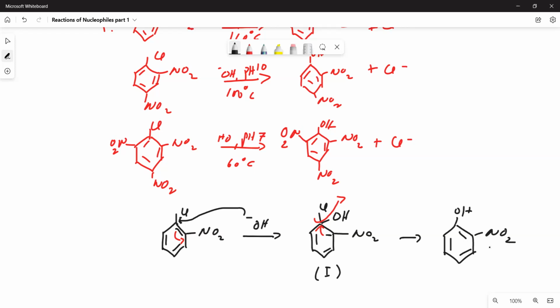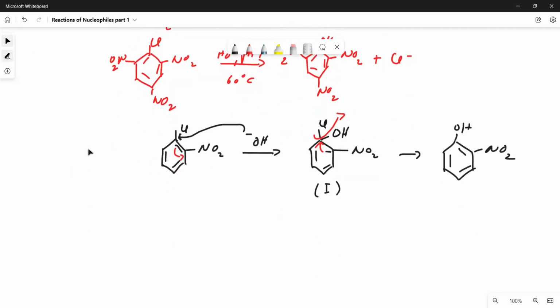Okay, so that is the mechanism of nucleophilic aromatic substitution. Take note that the stronger the electron withdrawing groups, we already categorized electron withdrawing groups as strongly, moderately and weakly deactivating.